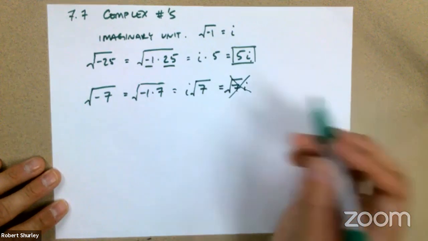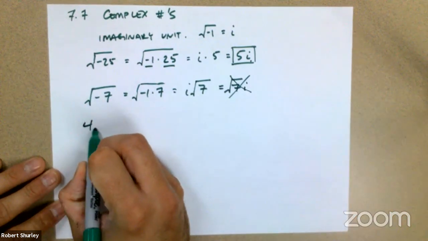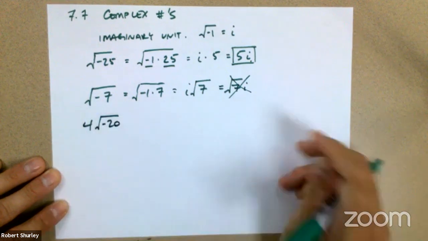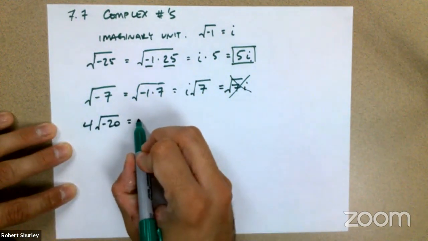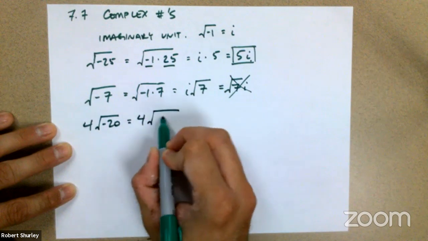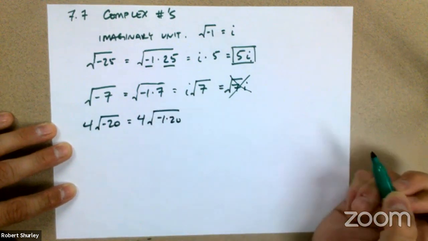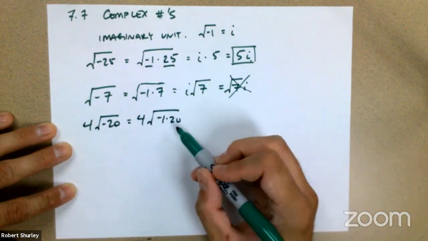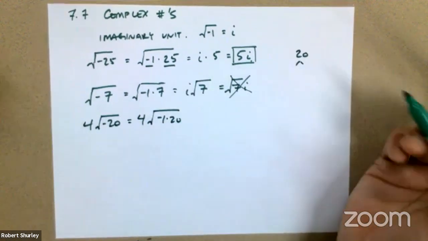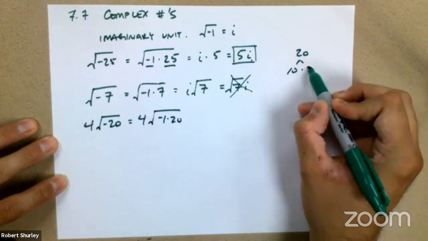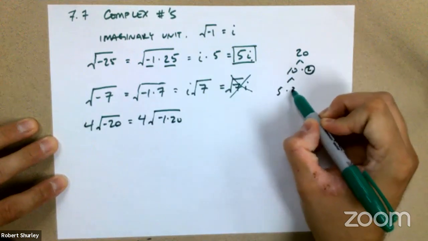So let's say we had something like 4 square root of negative 20. Okay, so this would be 4 square root of negative 1 times 20. I'm going to break down the 20 over here because it's a radical. I've got to simplify it, right? 10 times 2, 5 times 2.